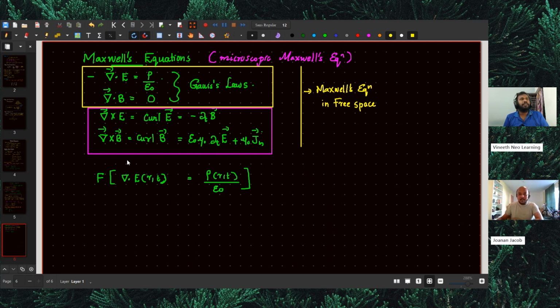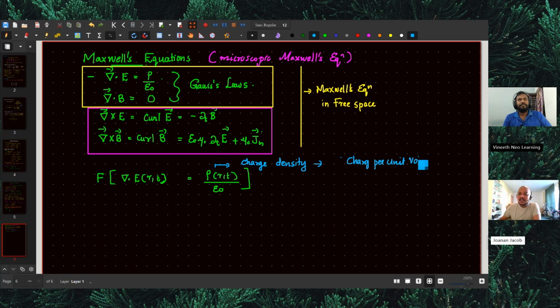That's why I'm writing it as a function of r and t. Joe, you should have explained what these terms are. Most of them already know. This is charge density, charge per unit volume.